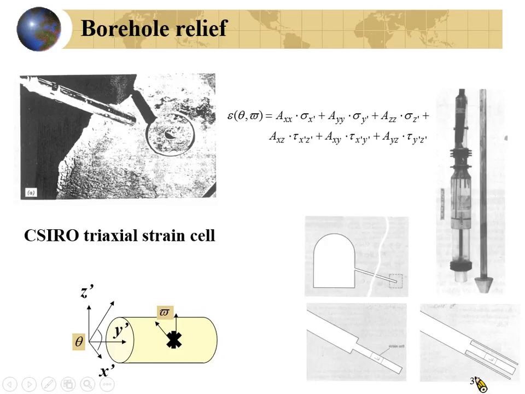Okay, so you will have the first strain gauge here, and you will have a strain gauge here. The theta could be like 70 or something, and you will have another.